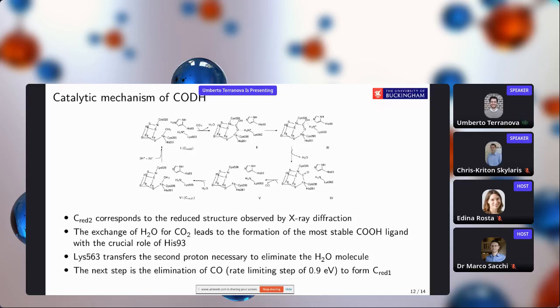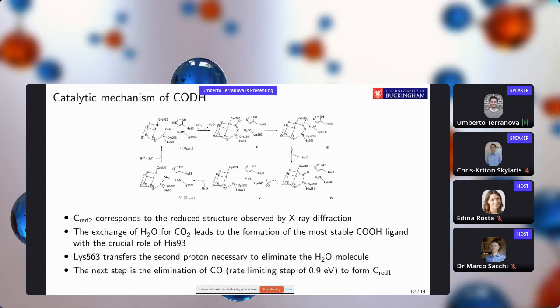The exchange of water for carbon dioxide leads to the formation of the COH ligand, and we have assessed already the crucial role of the histidine that is necessary to create the COH ligand.